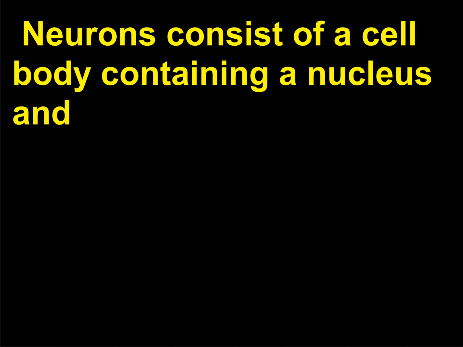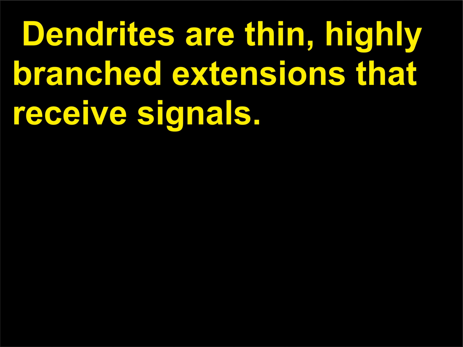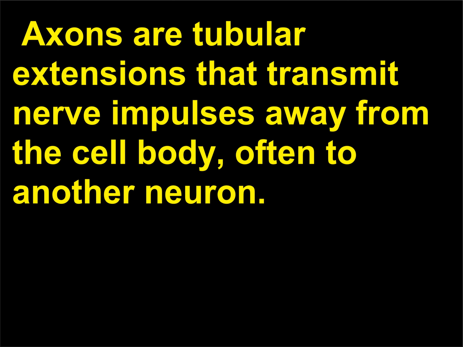Neurons consist of a cell body containing a nucleus and two types of cytoplasmic extensions, dendrites and axons. Dendrites are thin, highly branched extensions that receive signals. Axons are tubular extensions that transmit nerve impulses away from the cell body, often to another neuron.